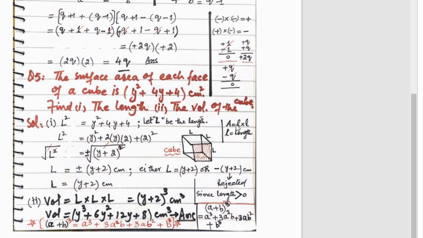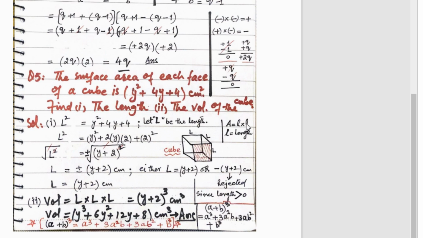Look up in the rough column. A is the representation of area. A is equal to length multiplied by length. Square face means area of a square. What is the area of a square? Area of a square is always length multiplied by length because we are just considering one face. L multiplied by L can be written as L square.